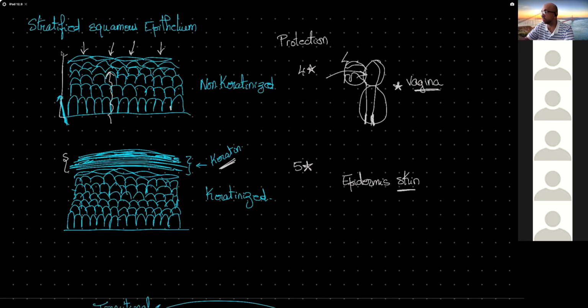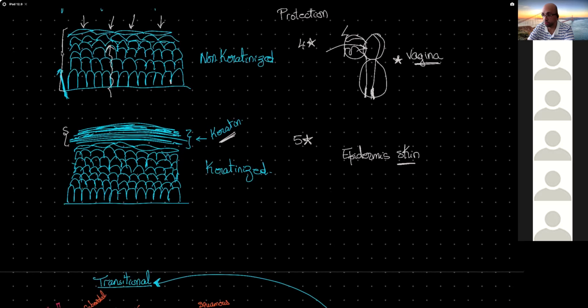So those are going to be aligned with non-keratinized stratified squamous epithelium. So why non-keratinized? Because it's not always exposed to the outside. It's not going to be dry. This is one other thing: those sites are going to be moist. They are not dry like the skin.